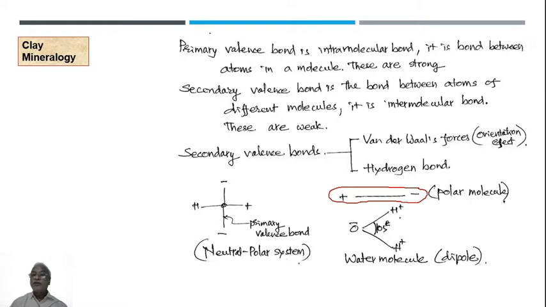So it is not a neutral molecule, because there are two poles, the water molecule is called a dipole molecule, right? Di is two, two poles are there, because of that water is called a dipole molecule. Now how this plays an important role in clay minerals, we'll see further.